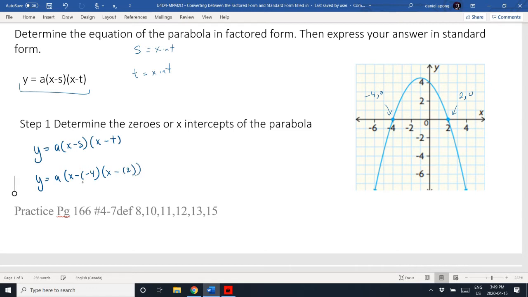Okay, and you can see when I put that s in there as negative 4, we have that double negative sign, so we're just going to simplify that. y is equal to a bracket x plus 4. The two negatives make a plus, and then this one is just going to be x minus 2.